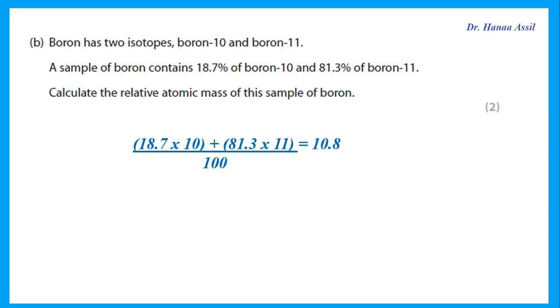We said percentage of one times its mass number plus the percentage abundance of the other times its mass number over 100. This gives a relative atomic mass of 10.8.